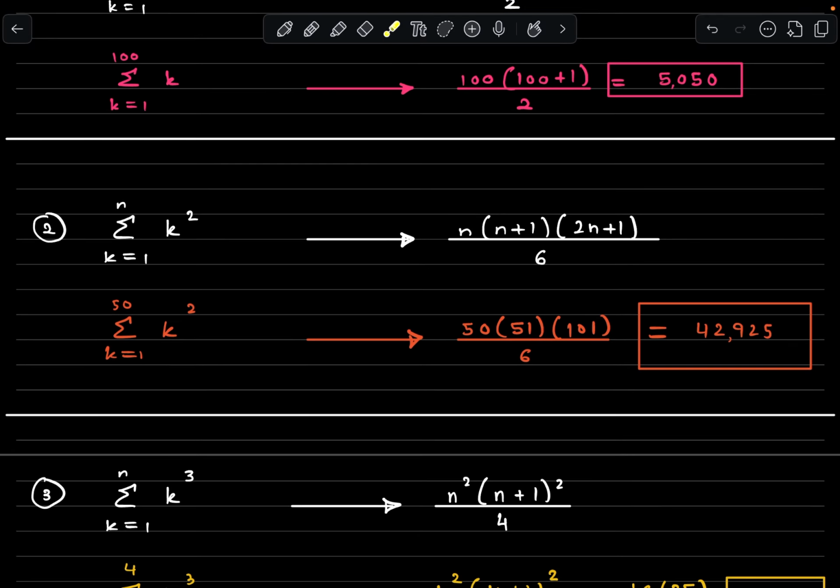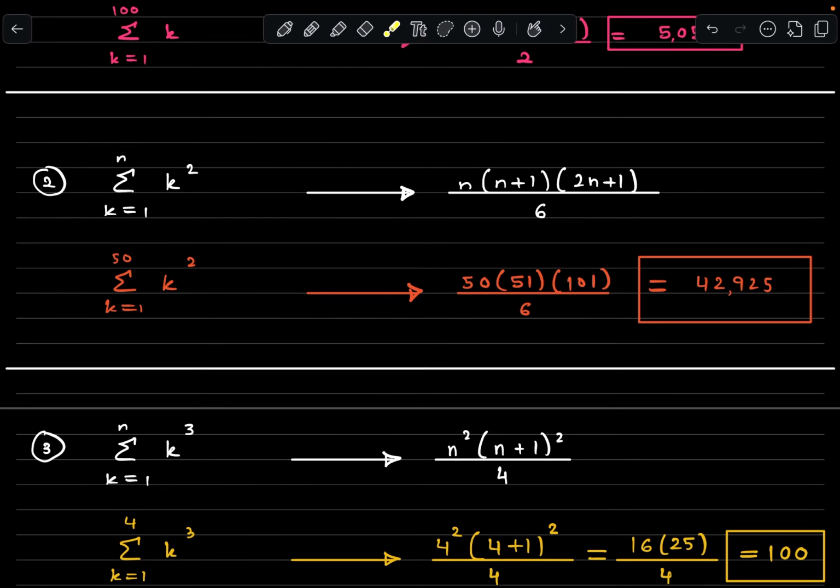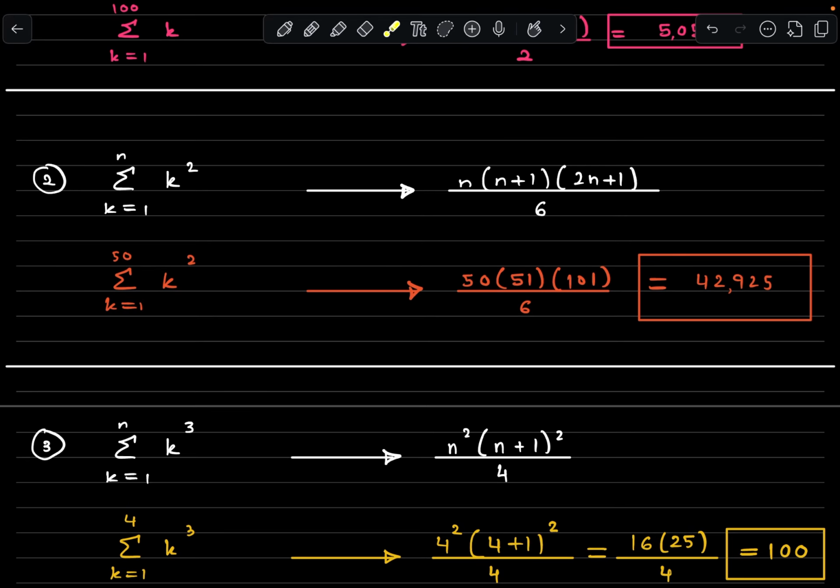Okay. So let's see how this works out. Well, if we make n equal to 4, then we're going to have 4 squared times 4 plus 1 squared divided by 4, and that's going to come out to 100. So the sum of our first 4 cubes, 1 cubed plus 2 cubed plus 3 cubed plus 4 cubed, will come out to 100.